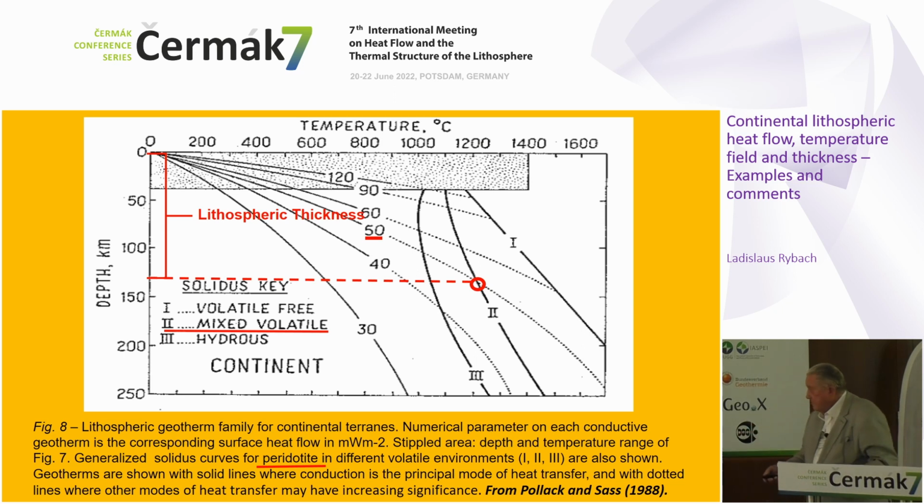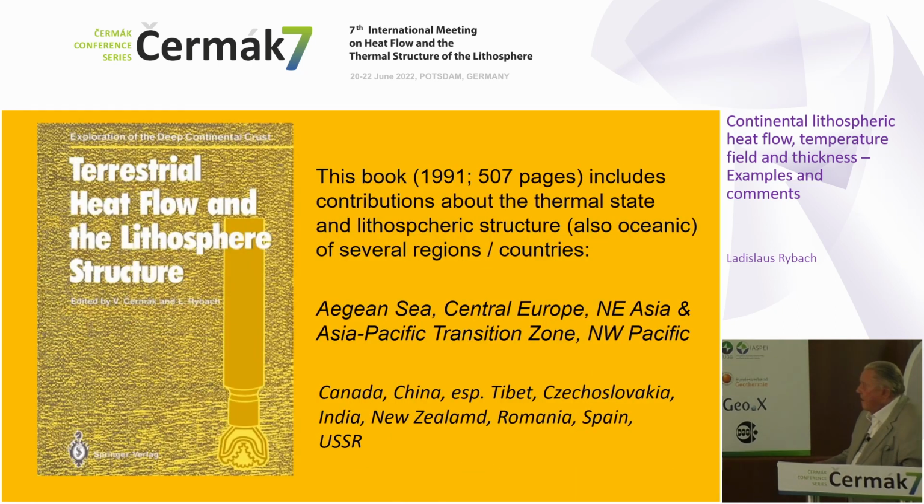Okay. With this, I go to some further, but only very few other examples. These are assembled in a book which I fortunately co-edited with Vladimir Cermak, and the title is Terrestrial Heat Flow and the Lithosphere Structure. And in this book, which is 500 pages, we have oceanic and also terrestrial lithosphere.